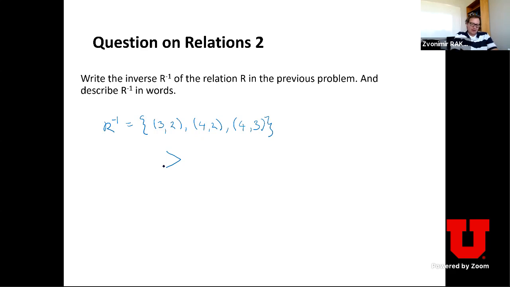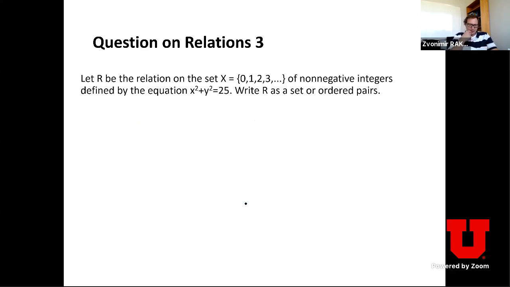Okay, one more easy one. Why don't you try to do it on your own? So we have a relation on the set of non-negative integers, and the relation is defined by this equation: x squared plus y squared should be 25. And we want to write R as a set of ordered pairs.